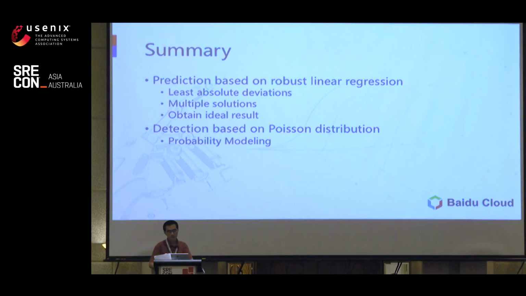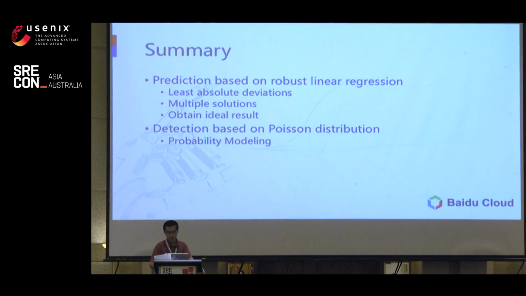As a summary, we propose an anomaly detection method for PV number curves. The algorithm consists of 2 steps, prediction and detection. The prediction step leverages robust linear regression to predict numbers. Robust linear regression uses least absolute deviations as the loss function to reduce the impact of the abnormal rise.